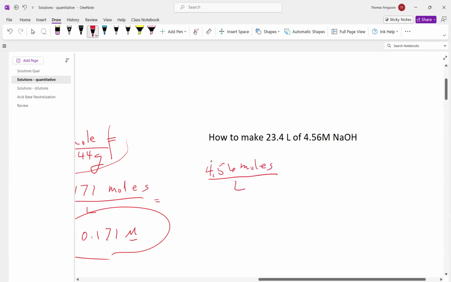I'm going to convert the M to moles per liter. We want to know how many total moles are in there. So if I multiply that by 23.4, that'll be the total moles of sodium hydroxide.